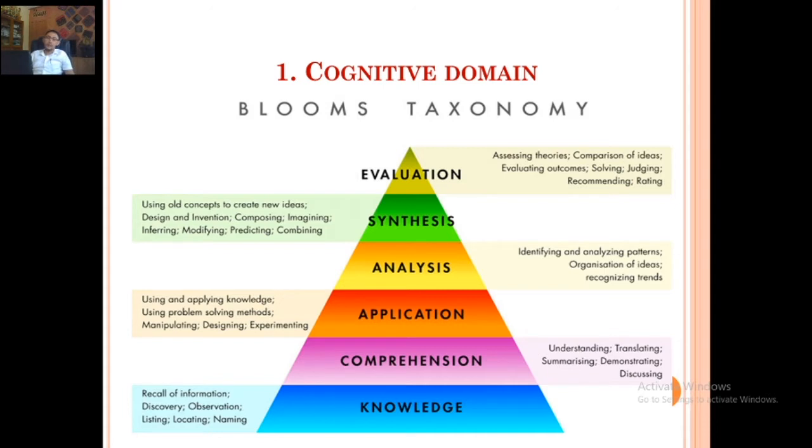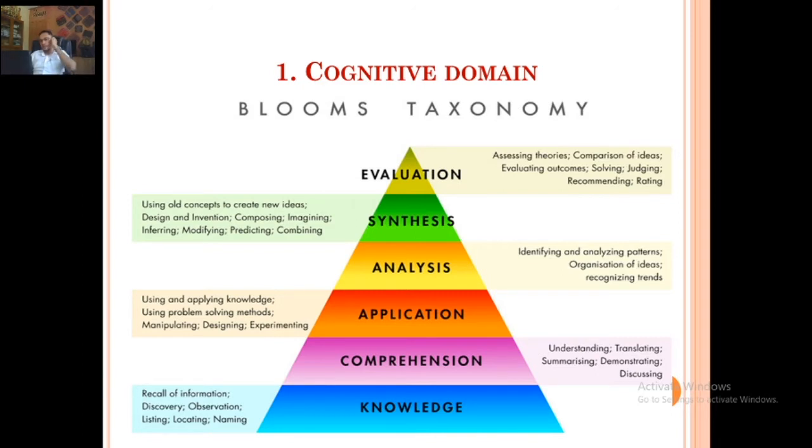In cognitive domain, there are 6 subcategories, namely knowledge, comprehension, application, analysis, synthesis, and evaluation.